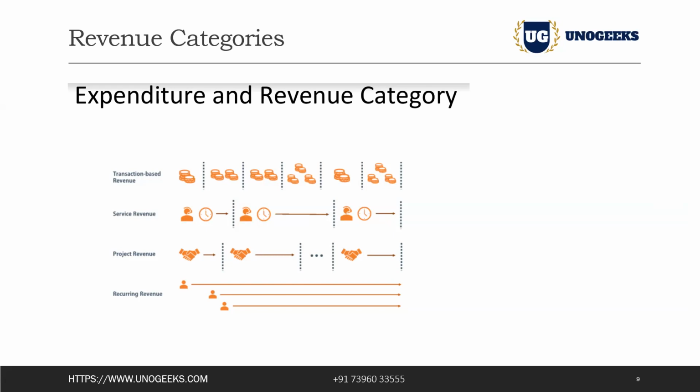Now, if it is a big organization, they generate their income from n different number of sources. They do not rely on one single source. They generate their revenue from a lot of sources.